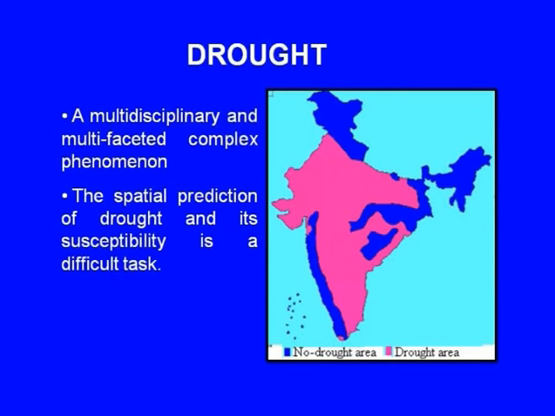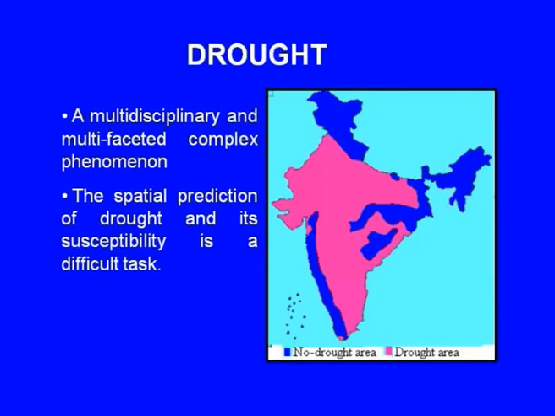Drought is a multidisciplinary and multifaceted complex phenomenon. The spatial prediction of drought and its susceptibility is a difficult task. In this particular illustration, the drought prone areas of India are shown.